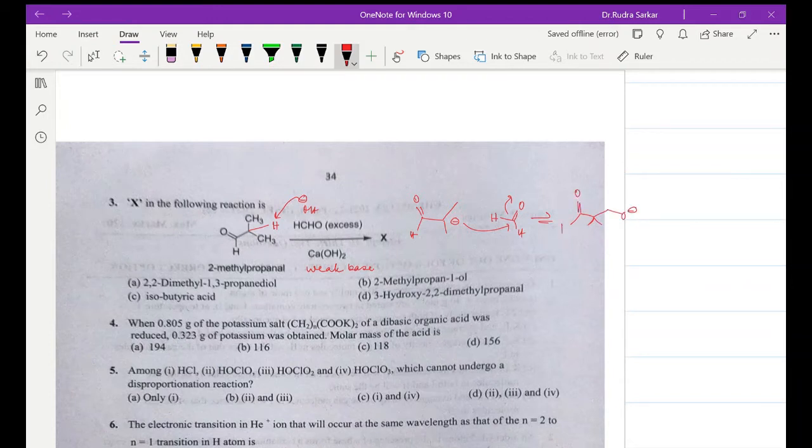Something like this intermediate will be formed, which will add a proton, and this type of an intermediate aldehyde will be formed.